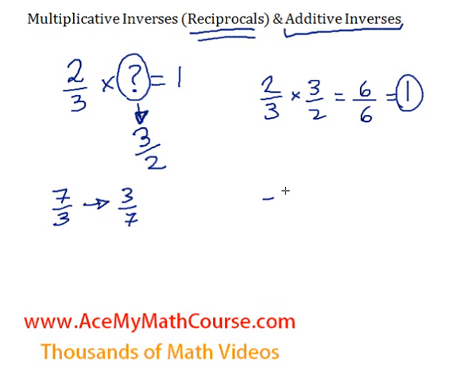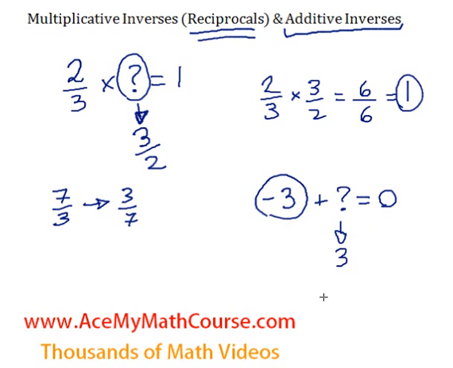So if I have negative 3, for example, and I add its additive inverse, I'll get 0. So of course, the question mark is just 3. So essentially, for additive inverses, all we need to do is switch the sign. Because if I switch the sign and I add that number, I'll just get 0.